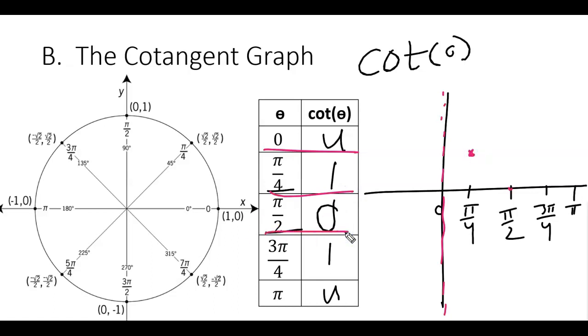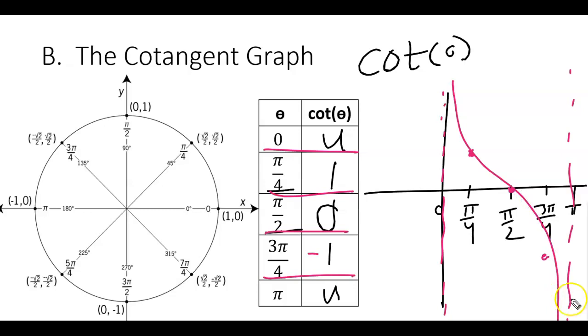At pi over 2, it's at 0. At 3 pi over 4, this one was negative actually, that was my mistake. At 3 pi over 4, it's at negative 1, and then at pi we have another asymptote. So it's almost the same shape, but it's backwards, right?